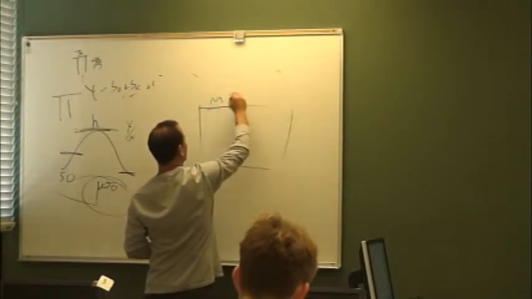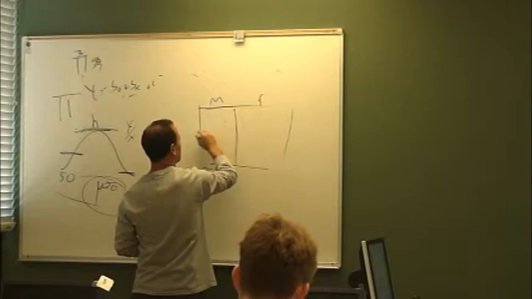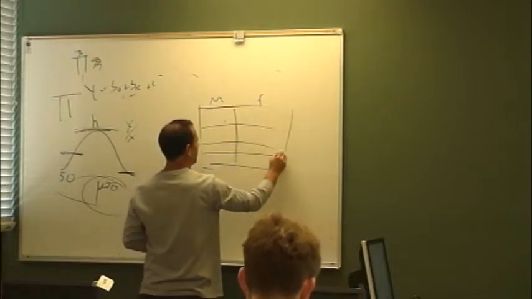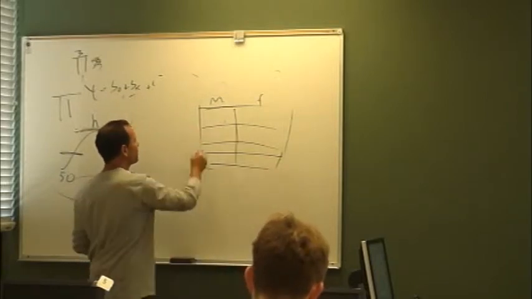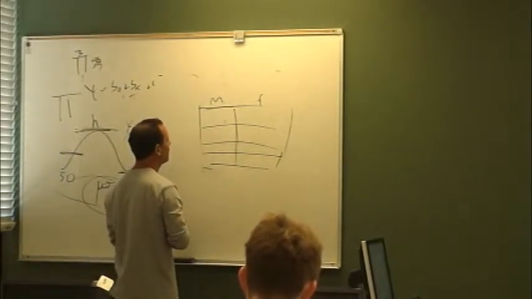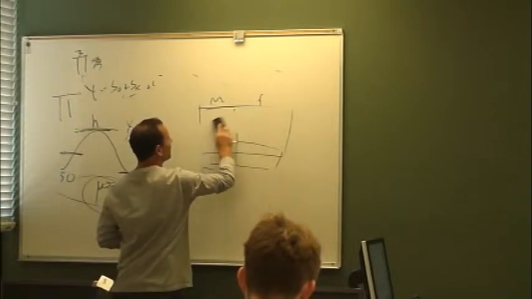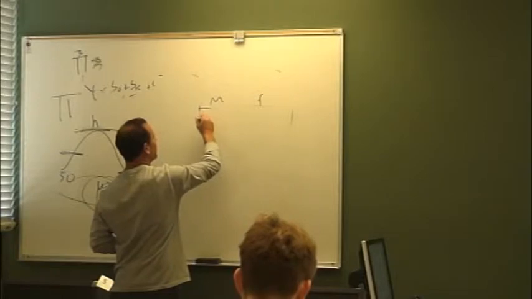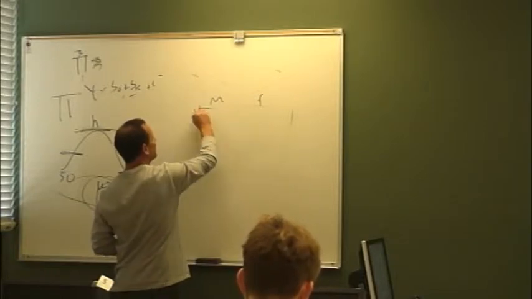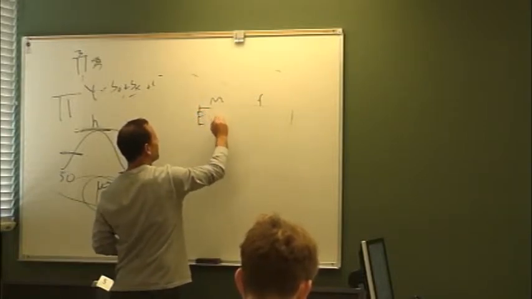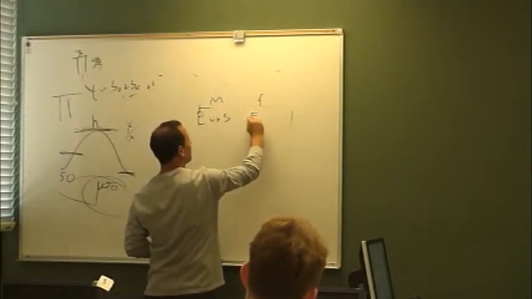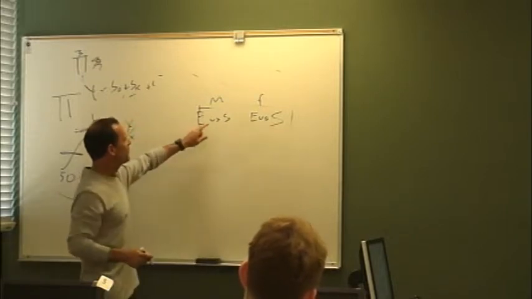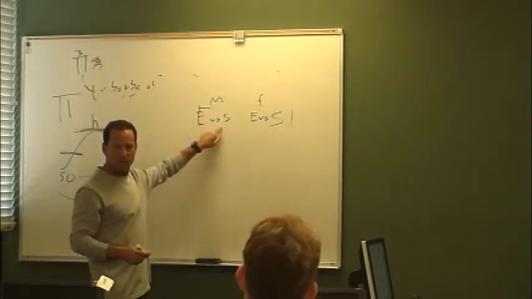What if you want to look at male, female, and then I want to look at executives versus staff. So does everybody see, so far this would be a 2 by 2, right?